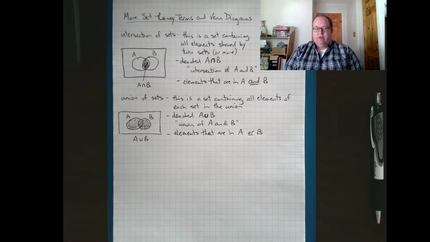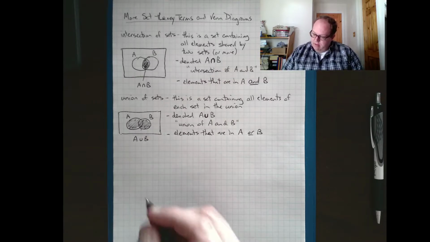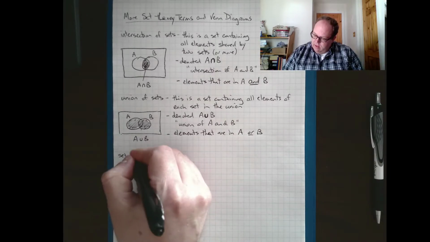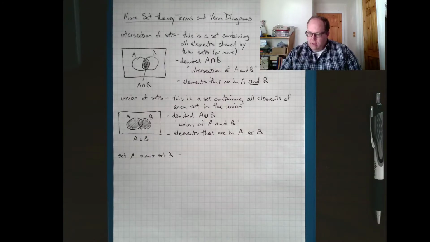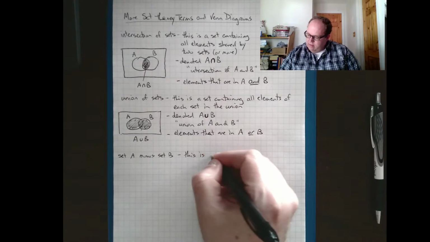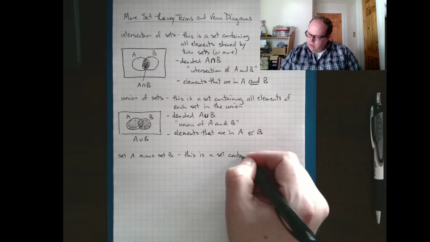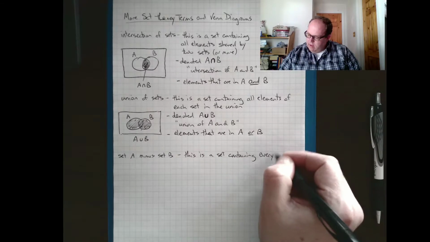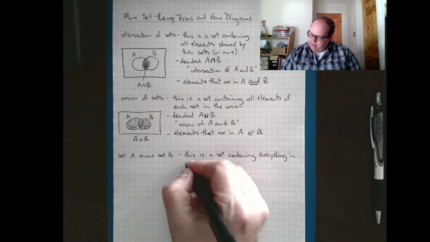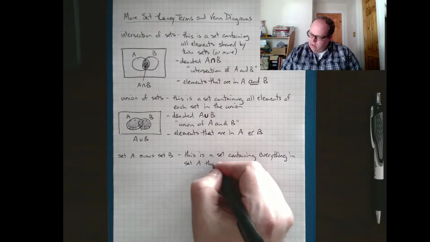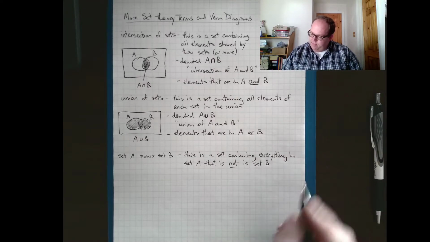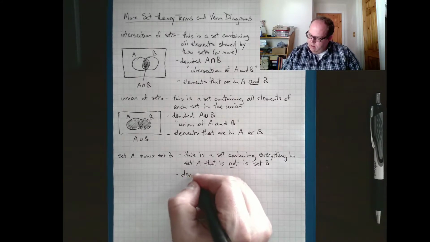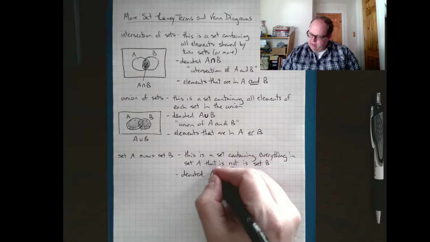One other statement before we get into some practical usage of these things is A minus B. Set A minus set B. This is a set containing everything in set A that is not in set B. In set theory, that gets denoted by a slash.